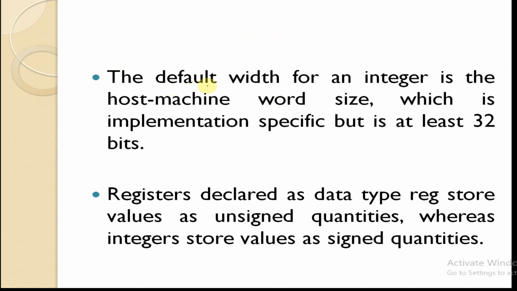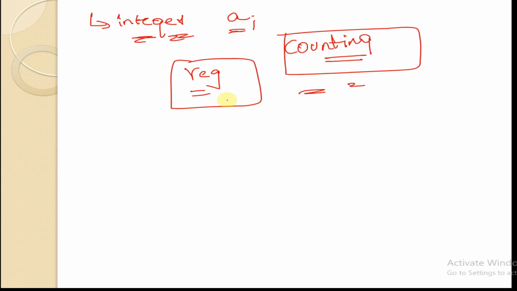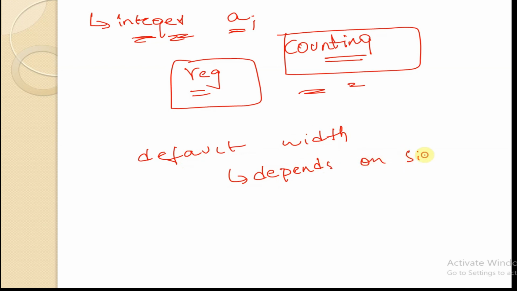So this is the introduction. The default width of an integer depends on the simulator, but the minimum should be 32 bits.